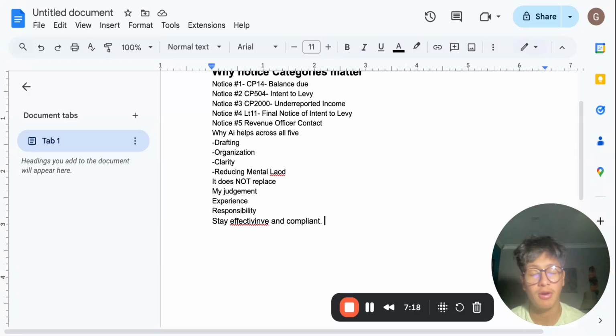And this is how you command higher fees too, because not only are you financially saving them, but the mental peace that you're also giving them, you can't put a price tag on that. People are paying for mental peace.